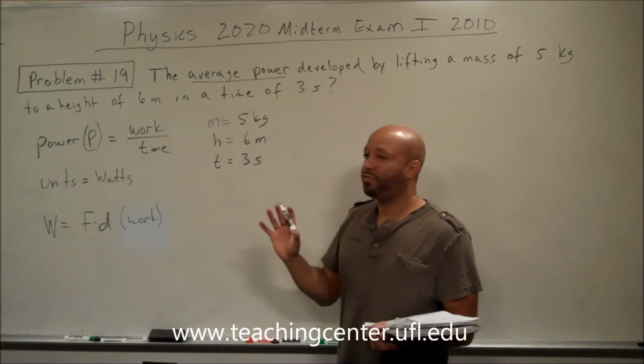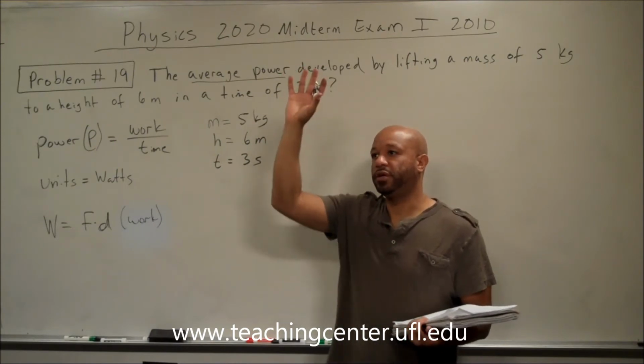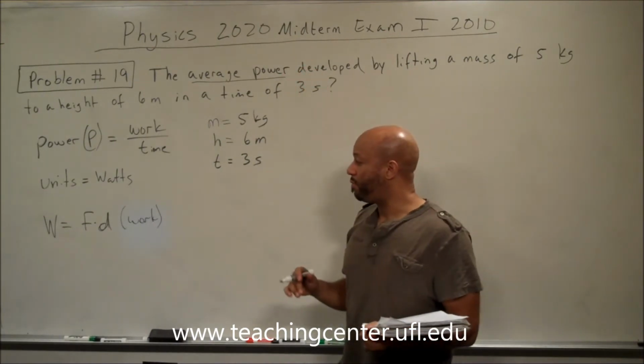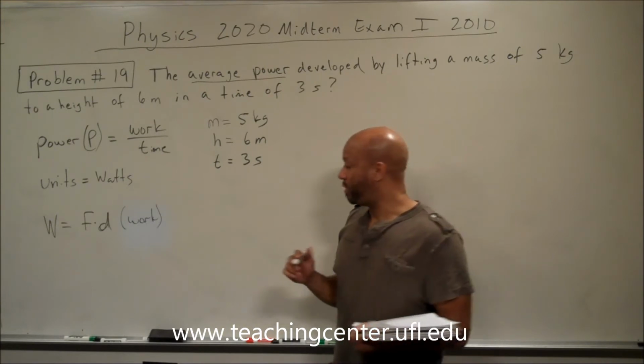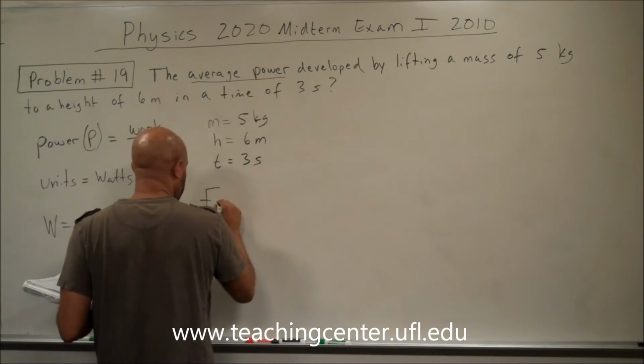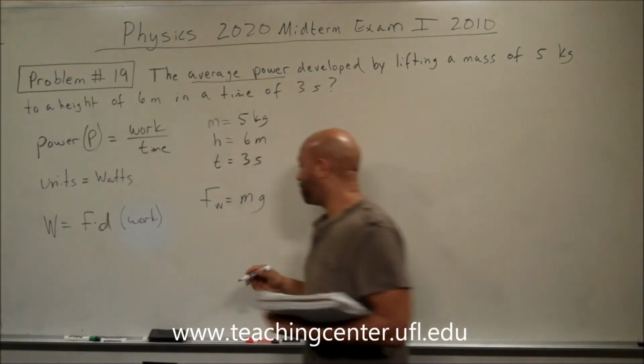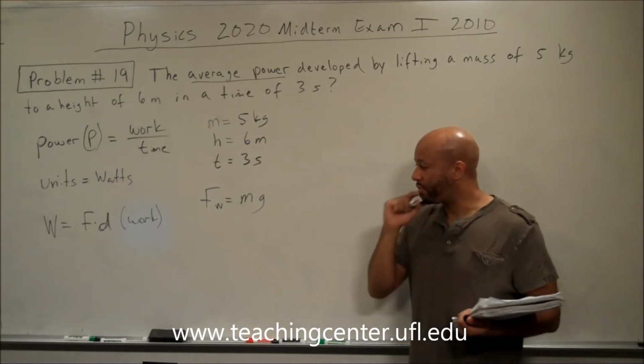So what is that force that you have to apply to that mass? Well, basically that's just equal to a weight force. Okay, so the force in this particular case is a weight force, which is your mass times the acceleration due to gravity.